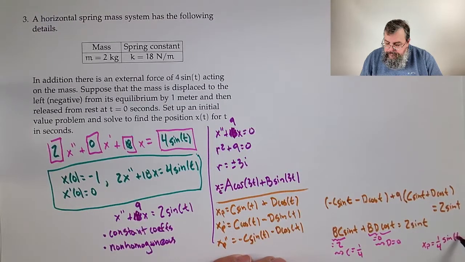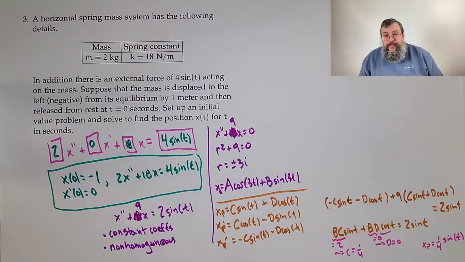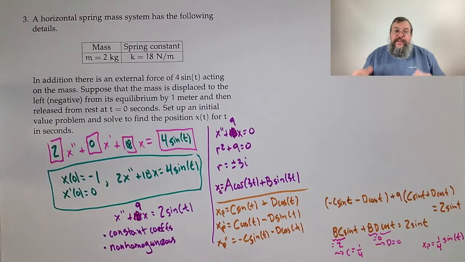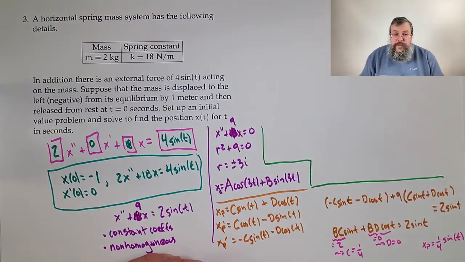Okay. Now, we have our complementary solution, we have our particular solution, and our next step is to put them together, because we're still not done yet. We have to find our total solution, and to do that, we really need to use our initial conditions. So, what do we do next?